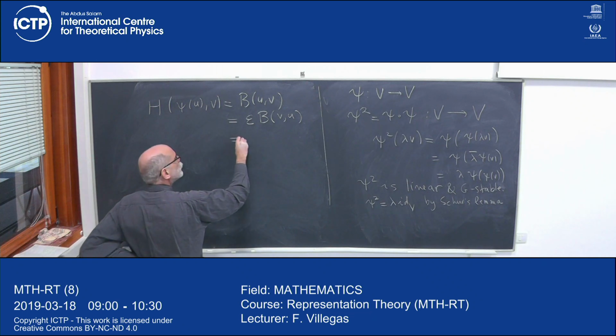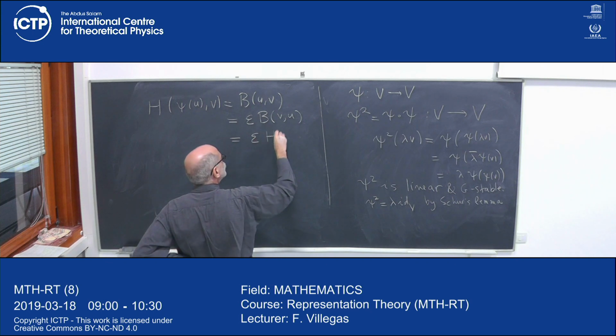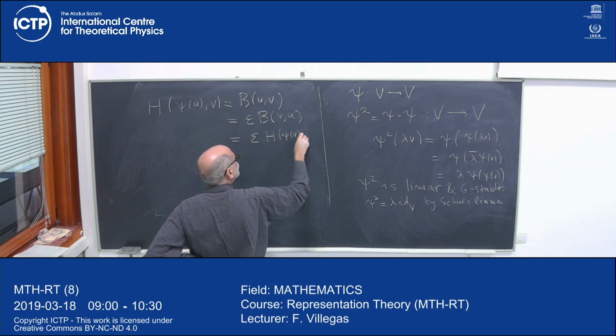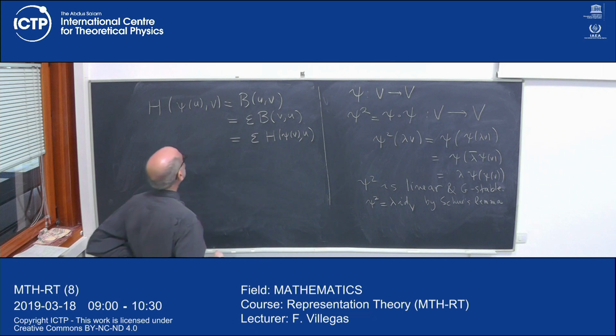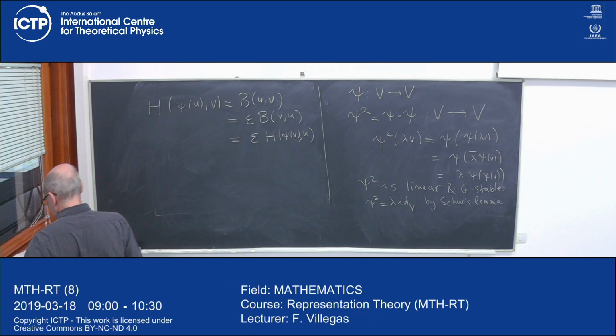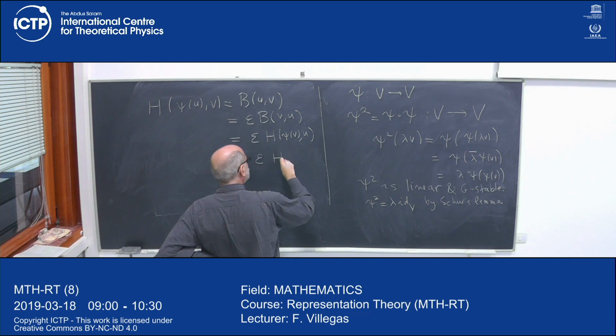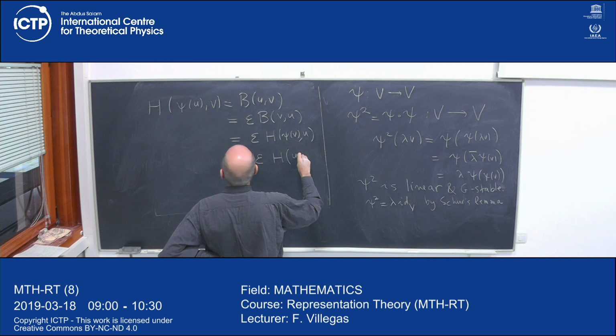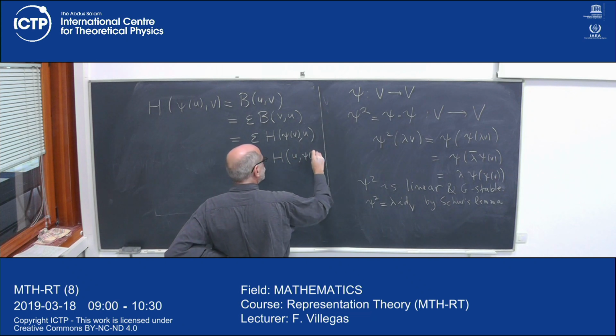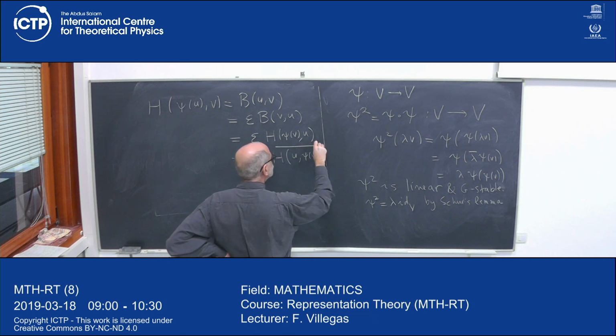So this is epsilon of h of psi v, u. And h is Hermitian, so this is the same as h of u, psi of v, conjugate.